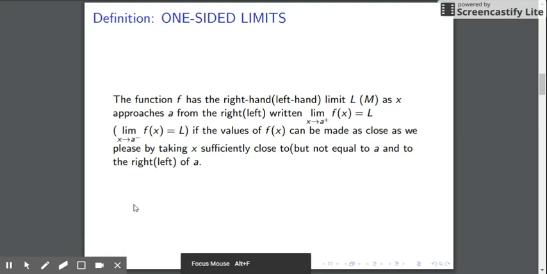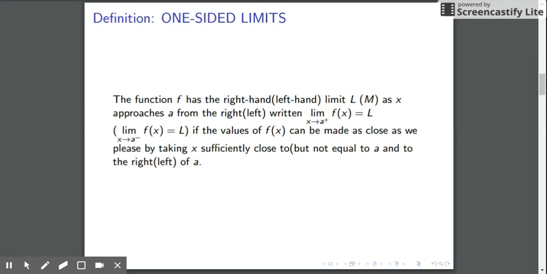So with all these discussions of approaching from left and approaching from right, how do we make a notation out of this? This is the limit of f of x as x approaches a from the left, which we show with that negative sign on top. This is the limit as x approaches a from the right.